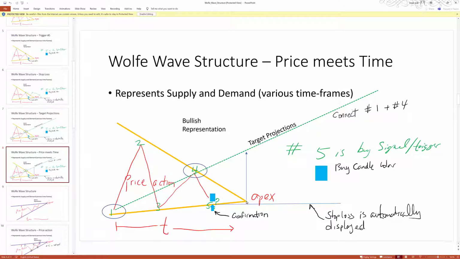And when the target projection is projected out, the time and price meet at the apex. So you draw a vertical line up toward the green perforated line, and that's your time and that's your price.